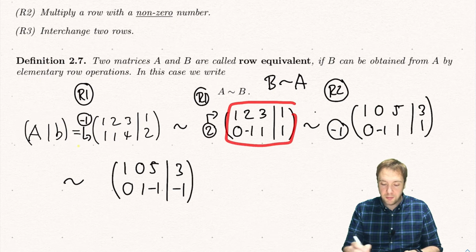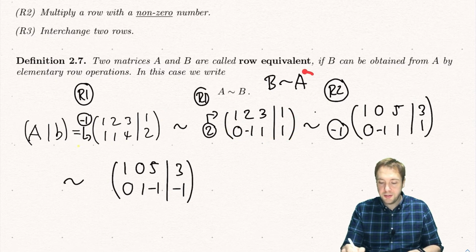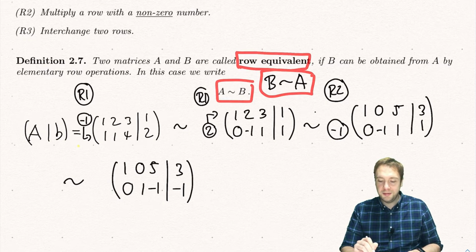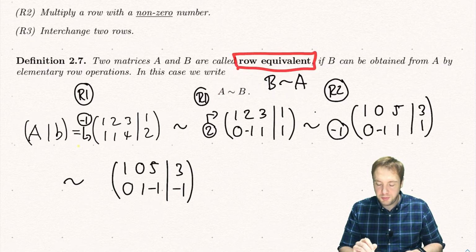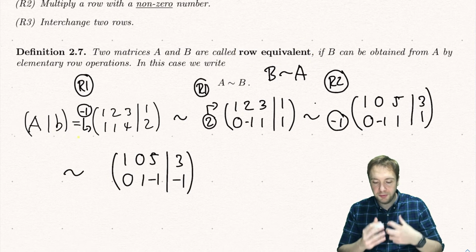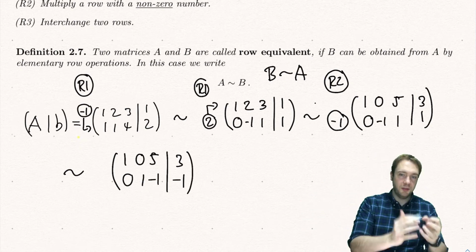So here I can go from there to there by adding the first row 1 times to the second. So we can go in both directions, and therefore one says that this row equivalence is actually what people call an equivalence relation, and this is symmetric. So if something is equivalent to something else, then this something else is also equivalent to this.